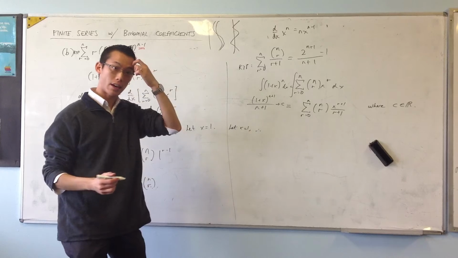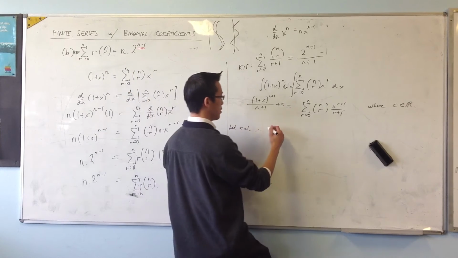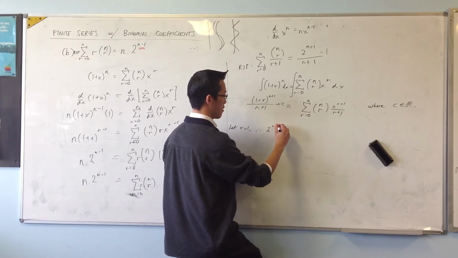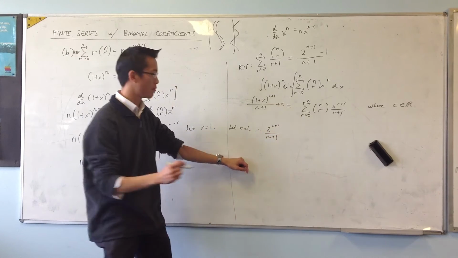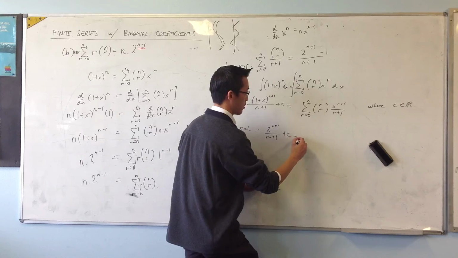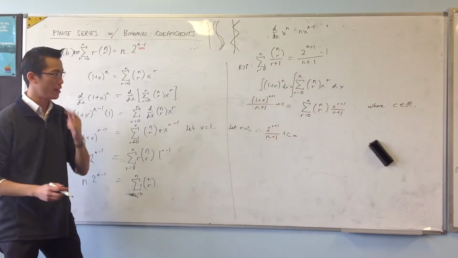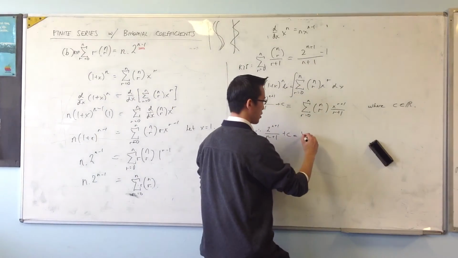Therefore, what am I going to get on the left-hand side? I've got 2 to the n plus 1 on n plus 1, right? Plus my constant. Now, what happens over here on the right-hand side? You're going to get this sum.